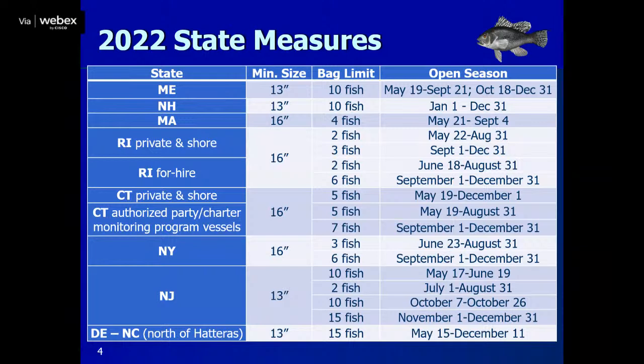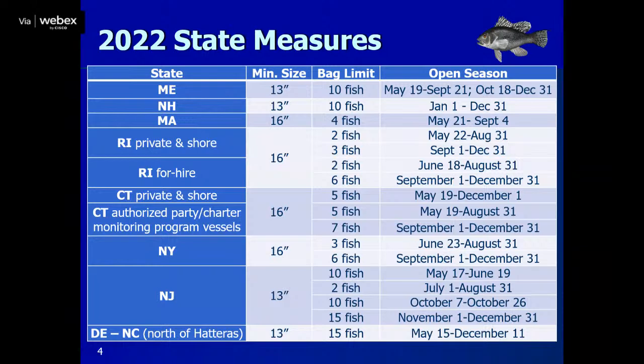And the states and regions achieved that differently, so it wasn't like there was a uniform across the board way of modifying measures to achieve that reduction. But virtually every state restricted their measures in 2022. 2022 was also the first year that federal waters measures were waived for black sea bass through the conservation equivalency process. So the measures on the screen here are really what were impacting harvest in 2022.